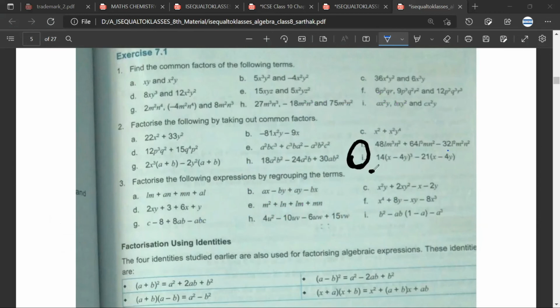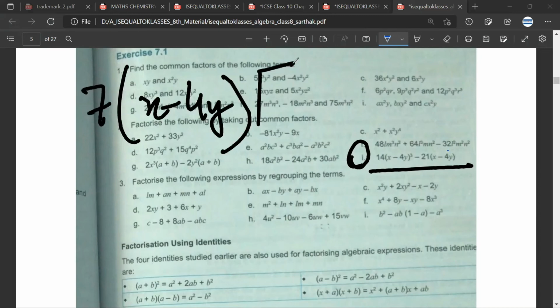Let us do this question. This seems to be a bit difficult. So, what is the common factor here? 7x minus 4y. 7x minus 4y is the common factor. And what should I write inside? 2x minus 4y.